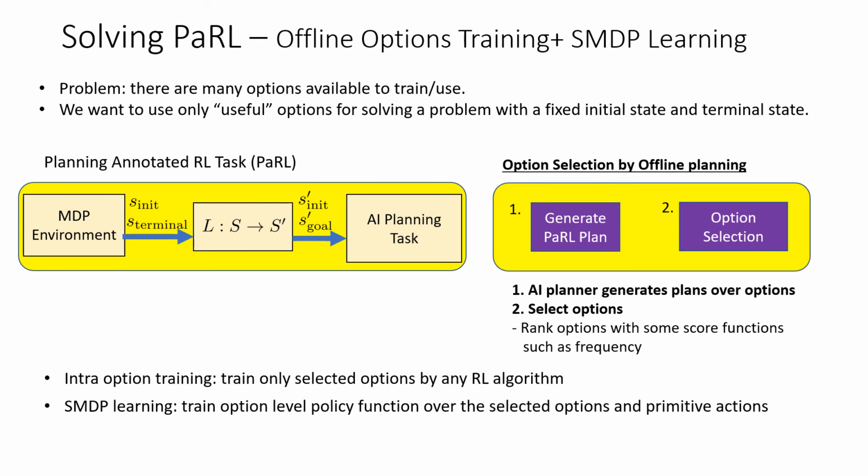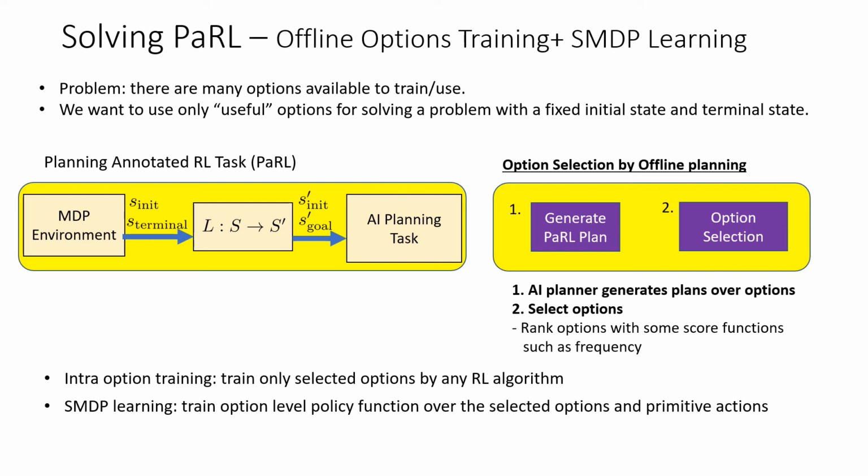In many options frameworks, option discovery as well as option selection is an important problem as well as a difficult problem because there may be a large number of options available to train and use. For this purpose, we can use the plan generated from a planner to select useful options. After identifying useful options, we can train them by using any reinforcement learning algorithm.